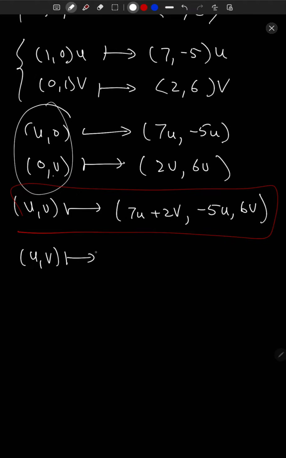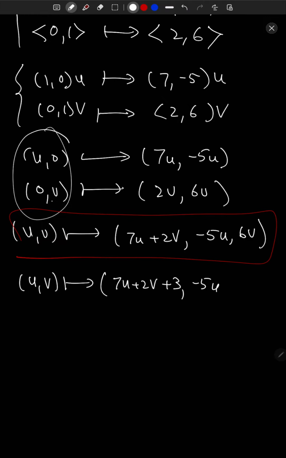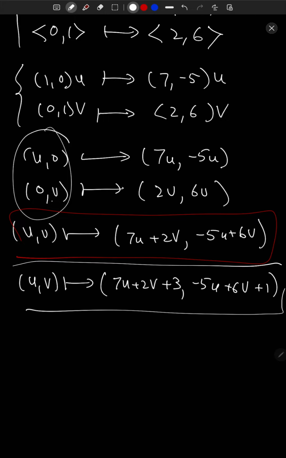(u, v) goes to (7u + 2v + 3, -5u + 6v + 1). That's a plus, sorry. I wanted (0, 0) to go to (3, 1). So if I stick in u equals 0, v equals 0, I'm going to get 0 plus 3 and 0 plus 1, so (3, 1). Okay, so this moves it so that I'm at the origin.